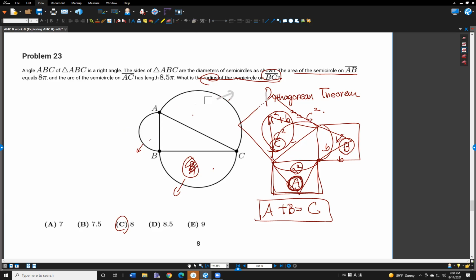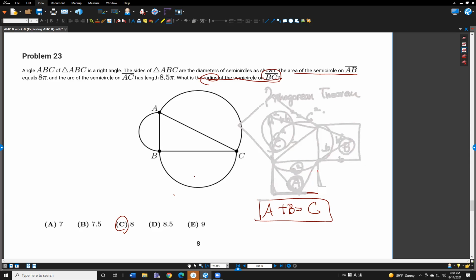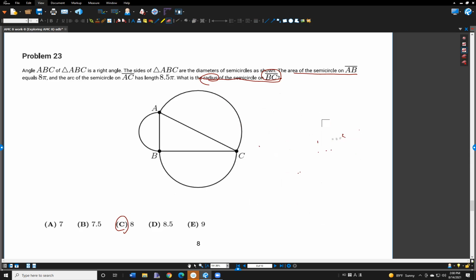Now let's finish this one, okay? You have to understand what the real Pythagorean theorem is. It works for any similar figures attached to each side.